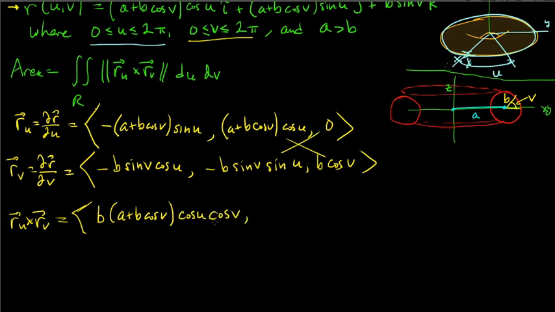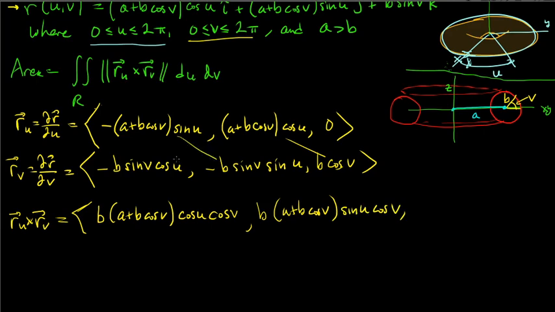And then minus 0 for the other diagonal. Oh, I put that in here, sorry. And then 0 times this minus this, so that's going to be a positive b times a plus b cosine v in parentheses, and then sine of u cosine of v.